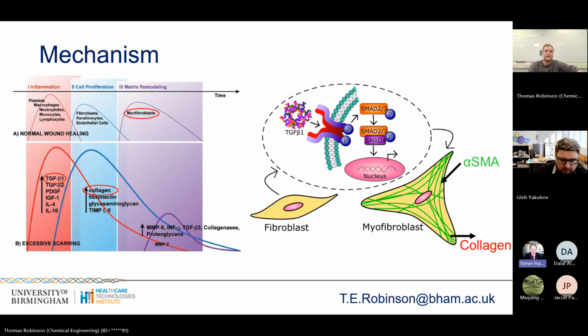What these myofibroblast cells do is, one, they churn out a lot more collagen, and two, they physically can contract the wound. Those alpha smooth muscle actin filaments that you see through that cell give it that contractile ability. All you really need to remember from this is that alpha SMA and collagen are markers of upregulated scarring, which is what you'll see going forward.